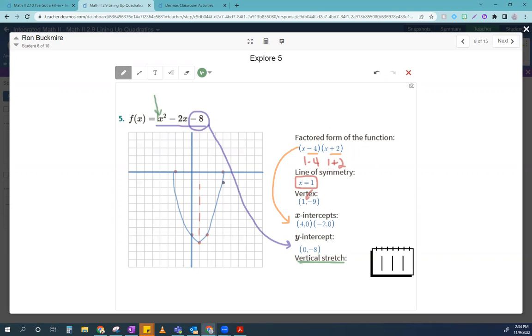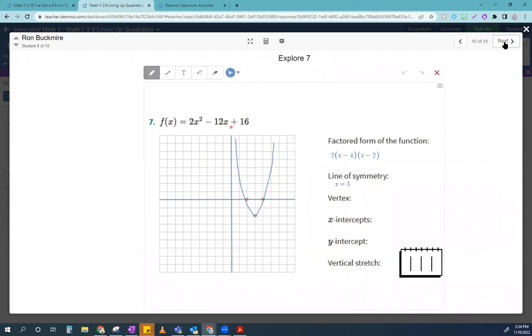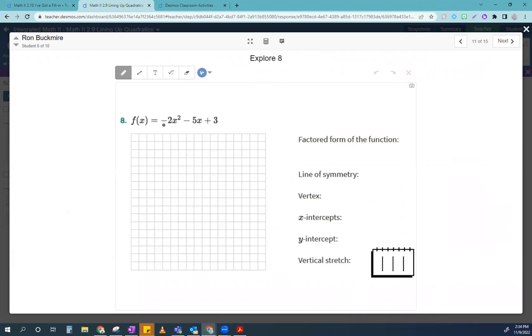Does that make sense? So let's say we go over here. Yeah, this one. See this number here? He has a vertical stretch of 2. Now, some people call it -2. I don't care whether you call it -2 or +2. The negative has a completely different job than the vertical stretch, so I don't consider him part of my vertical stretch.